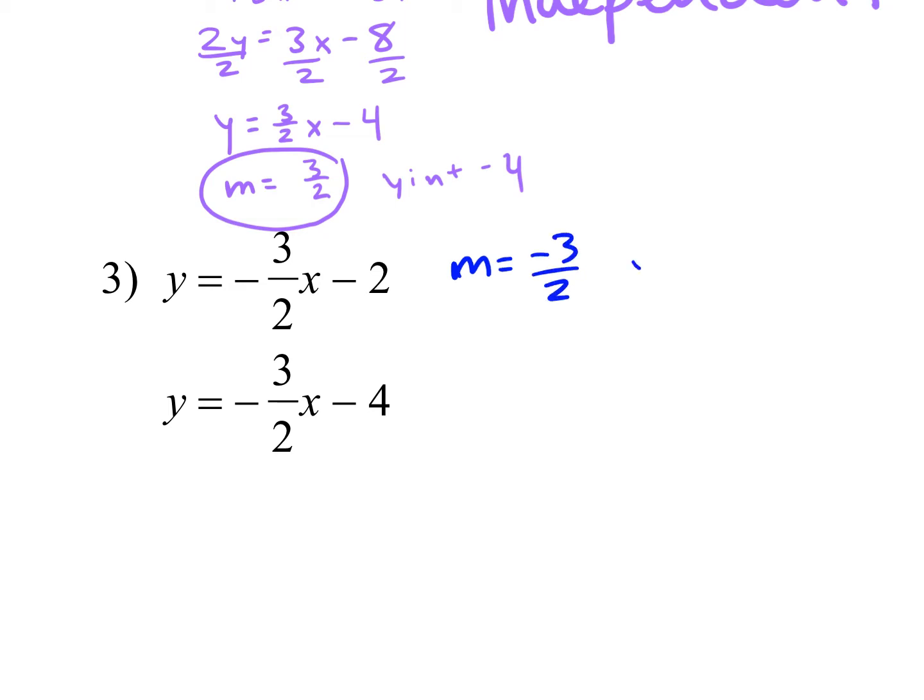And what's my y-intercept? Negative 2. And the second one, what's my slope? Negative 3/2. And what's my y-intercept? Negative 4. So what is it when you have the same slope and different y-intercepts? Inconsistent.